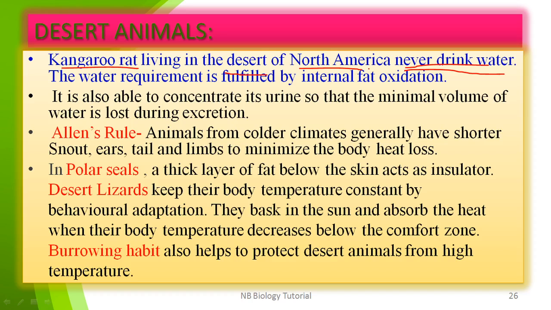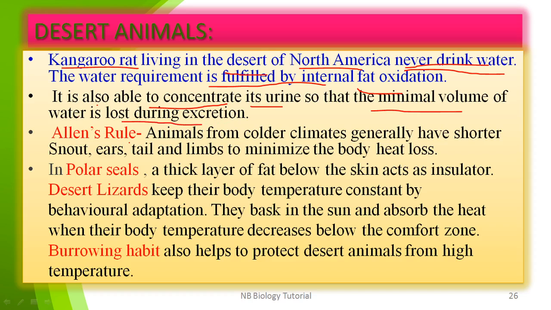Whenever this kangaroo rat drinks water, the animal dies. The water requirement is fulfilled by internal fat oxidation. So this kangaroo rat does not require water. It is also able to concentrate its urine so that a minimum volume of water is lost during excretion.